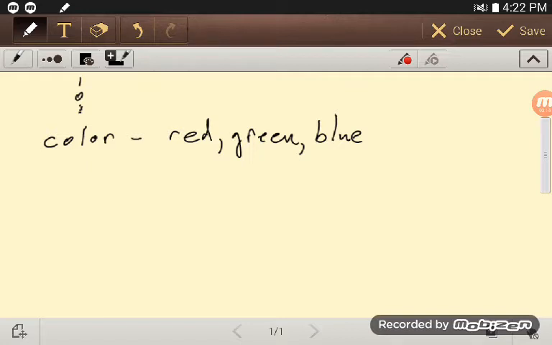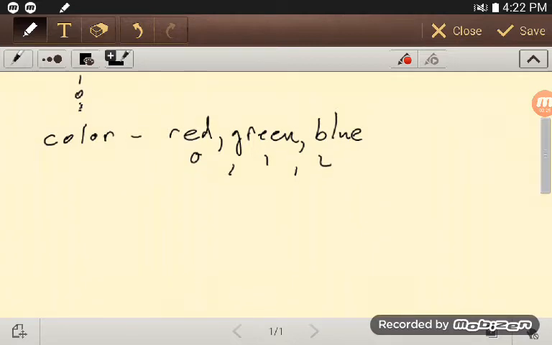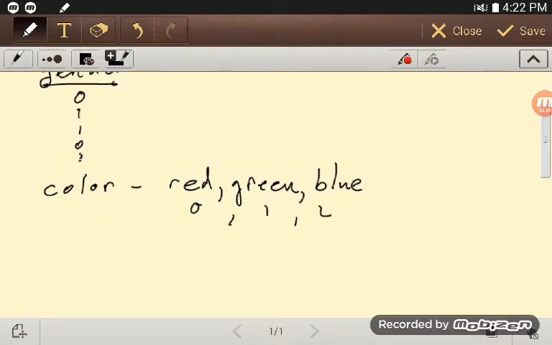But as soon as you go to 0, 1, 2, you could say, okay, red is maybe 0, green is 1, and blue is 2. Well, back here with gender, suppose you had male, female, and then 0 and 1.